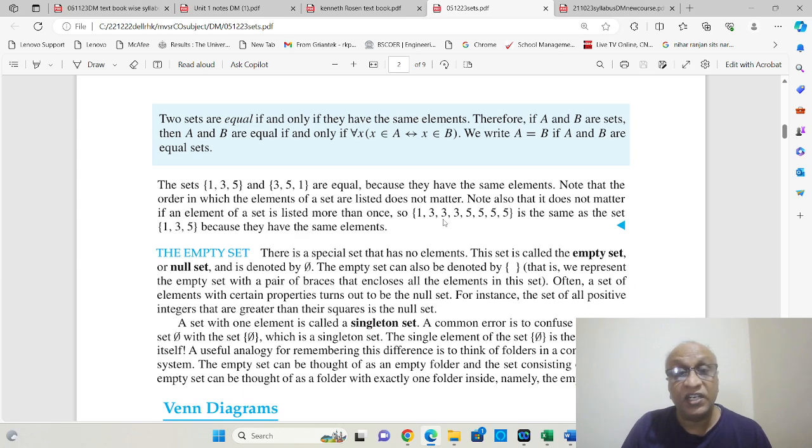Even a set {1, 1, 3, 3, 3, 3, 5, 5, 5} is equal to them, because we are considering the distinct elements. So equality of sets indicates both of them should have the same elements, irrespective of the order, irrespective of the number of times they are repeated.